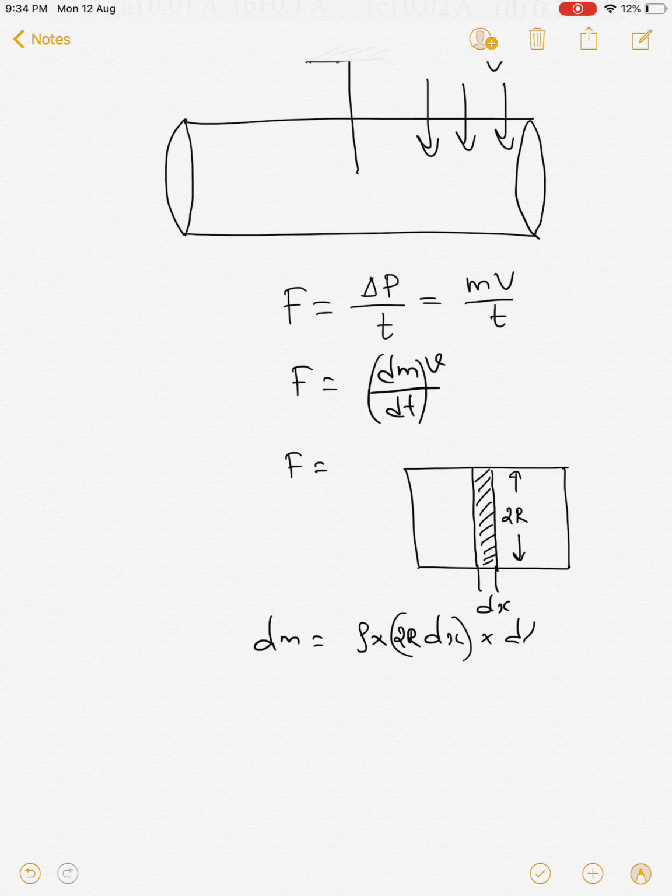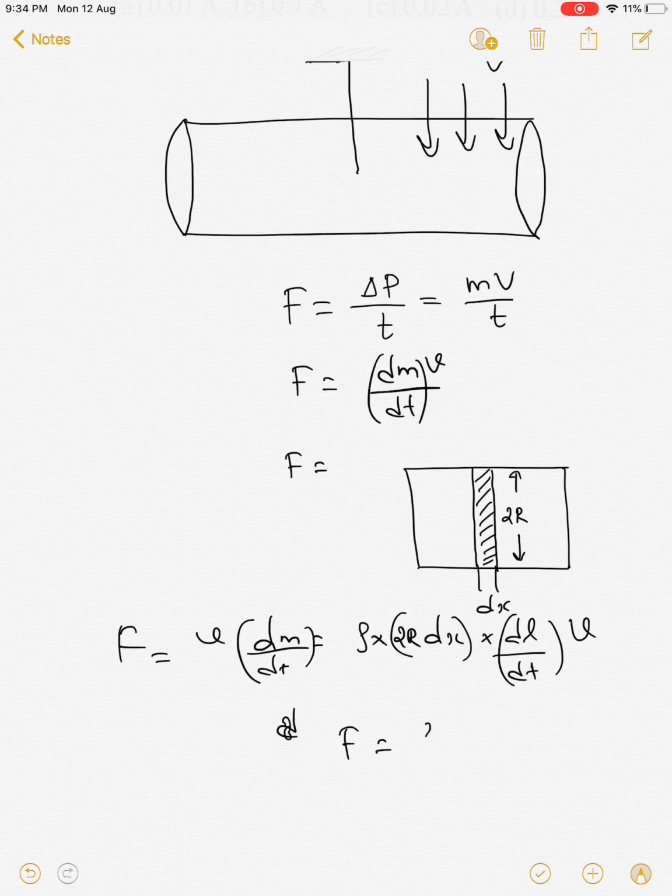Let's say that is dl, or l divided by time dt into its velocity v. So this much term is representing dm, and if you find dm by dt into v, you will get the value of F. So F will be equal to rho into 2 into r into dl by dt, that we can take as v, so it becomes v square into dx.